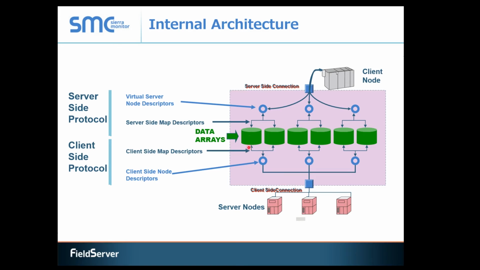So that's exactly what our mapping does for us, and in order to do that it needs to reference the node that has been defined, and it needs to be able to state to the field server whether it's the active component in the communication. Remember what we've just discussed on that, and in this case, because we're reading data from the Modbus device in the field, we are the active component. We'll go out, we'll read the data, we'll decide how often we want to read the data in that mapping, and then we will decide where we're going to store it in the data arrays.